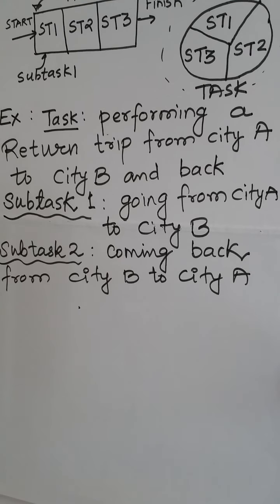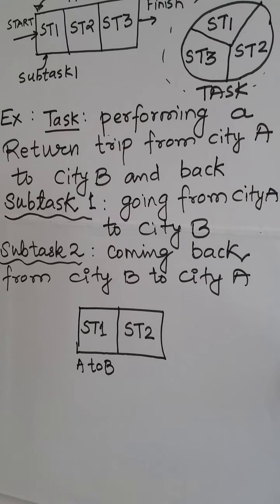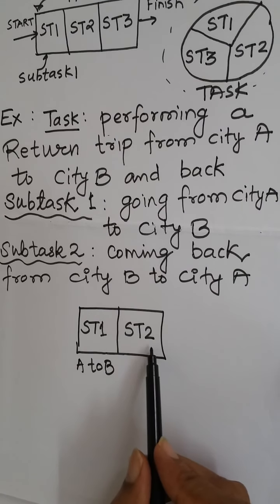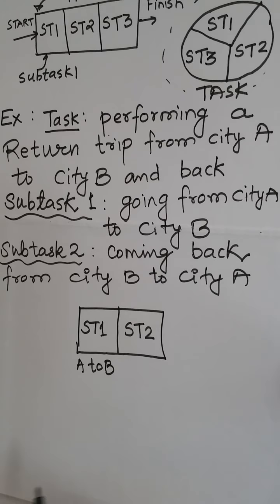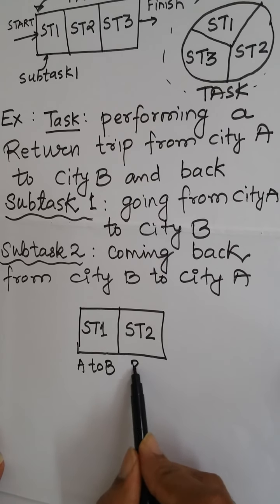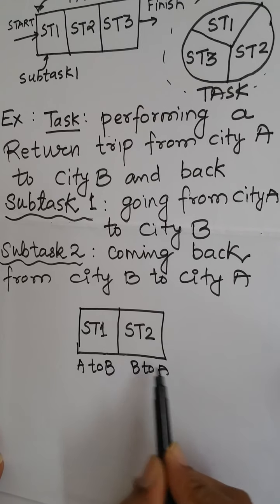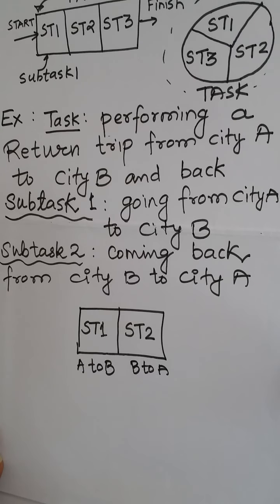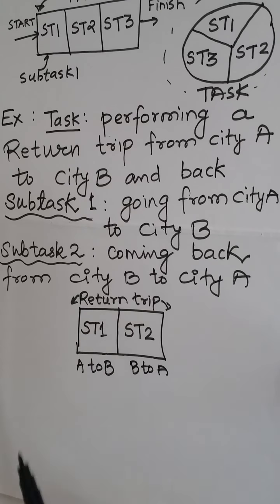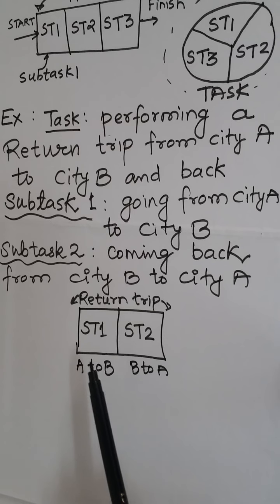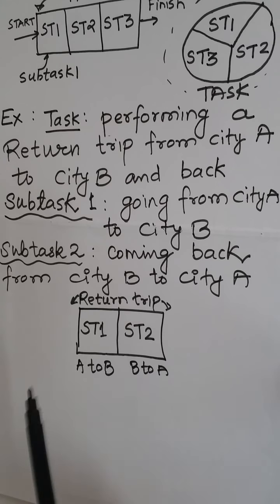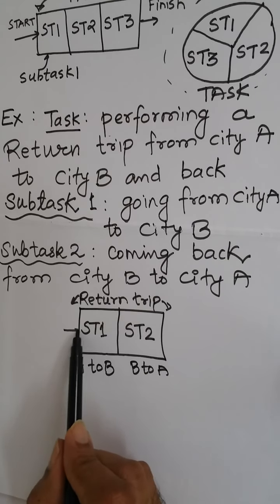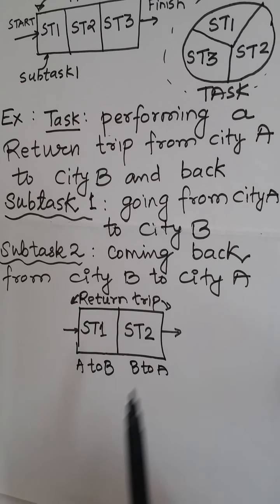We can show our return trip task like this: subtask 1, subtask 2. Subtask 1 is A to B. Subtask 2 is B to A. We can say that our return trip task is accomplished. So this was the start, this was the finish of the task.